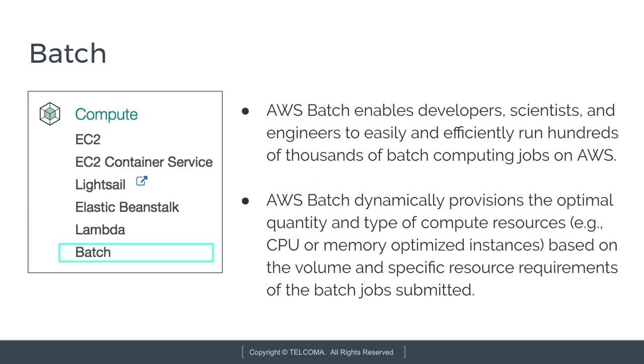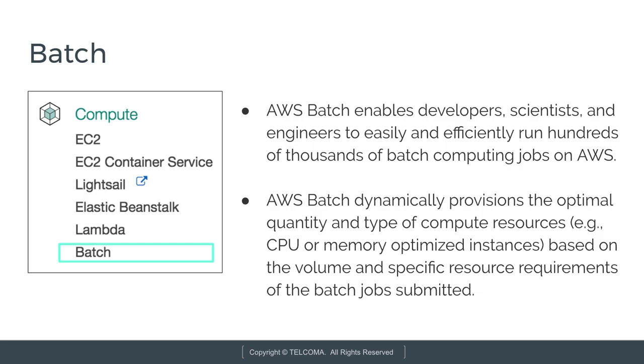Next we have AWS Batch. Now what is that? It provisions the optimum quantity of resources. AWS Batch enables developers, scientists and engineers to easily and efficiently run hundreds of thousands of batch computing jobs on AWS. It dynamically provisions the optimal quantity and type of compute resources.